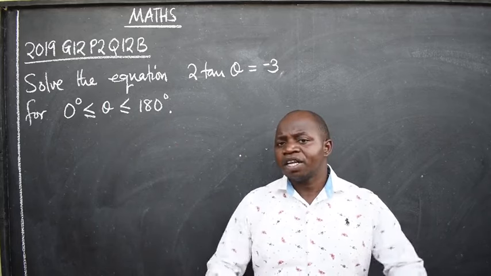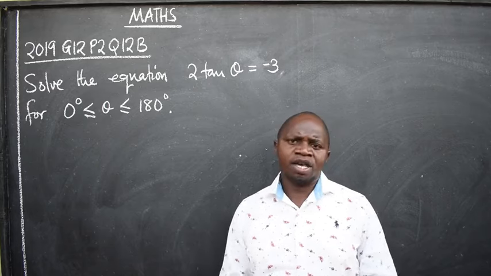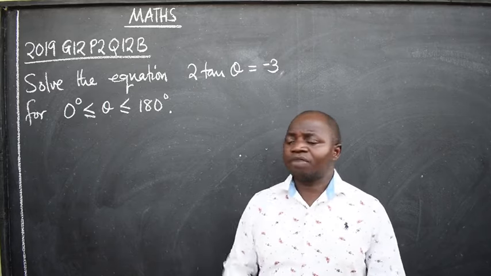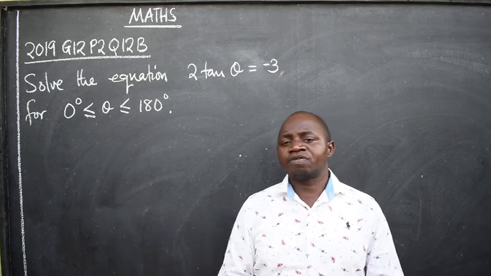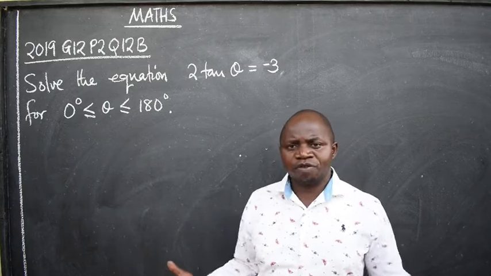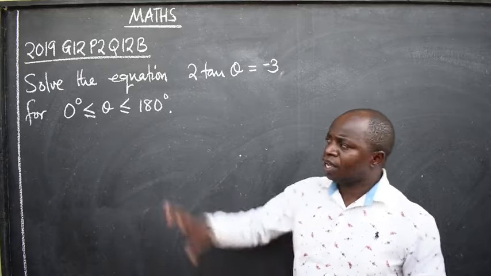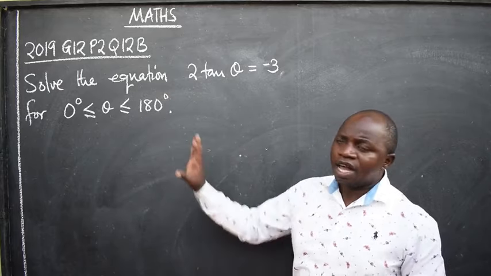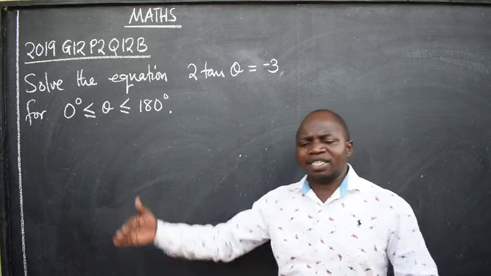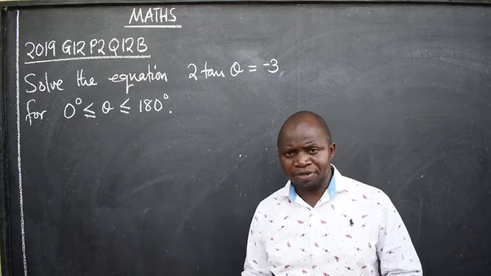Remember, we have different types of equations. We have linear equations, trigonometric equations, quadratic equations, cubic equations, different types. So the moment you identify the type of equation, you will understand how to go about it.